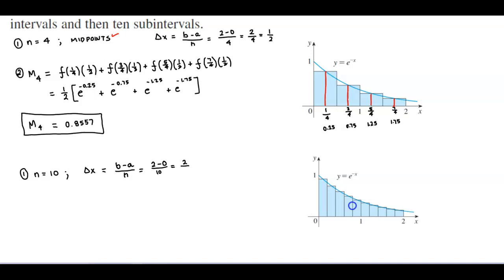So this is 2 divided by 10, which reduces to 1/5. Okay, so if this is 2/10, this is 4/10, and this is 6/10, this allows us to see what our midpoints are going to be.